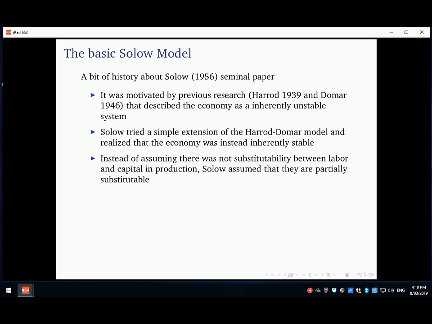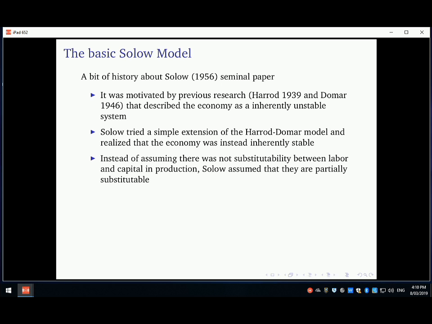And what he did, rather than assuming that inputs in production were complements, so that Leontief production technology, perfect complements, rather than that, which is a micro assumption basically, he assumed that labor and capital have some non-zero substitutability. Labor and capital could be substitutes to some extent.